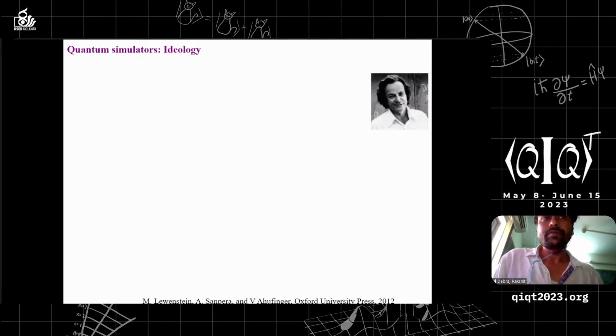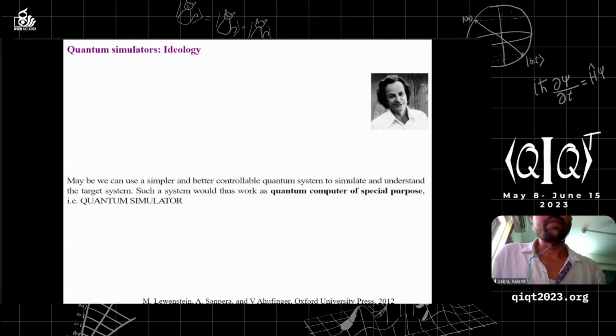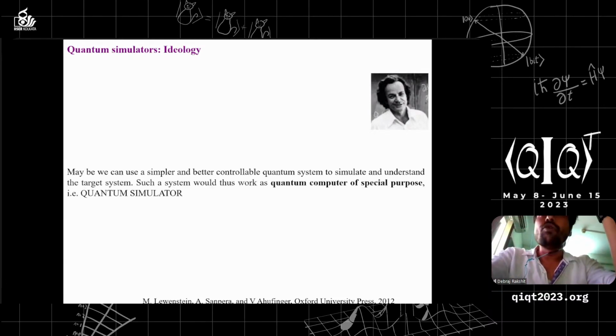Okay, it was proposed by Feynman first. When we cannot do this kind of calculation on a classical computer, the idea was that maybe we can use a simpler and better controllable quantum system for simulating and understanding the target system.